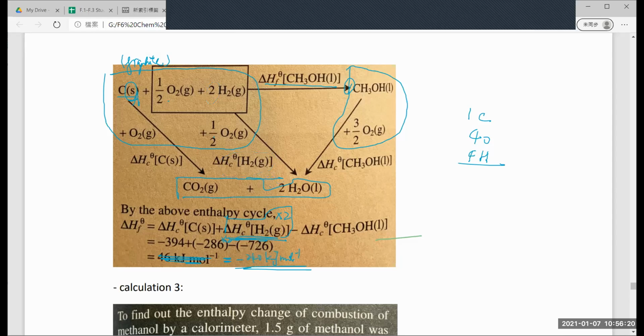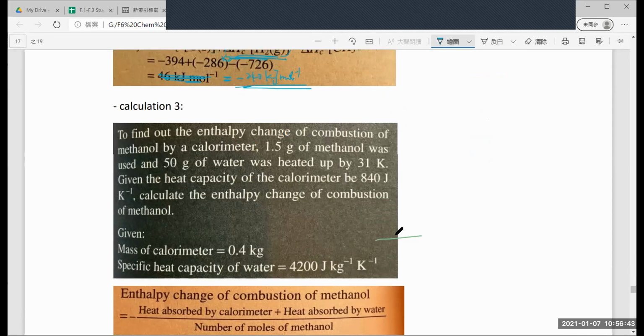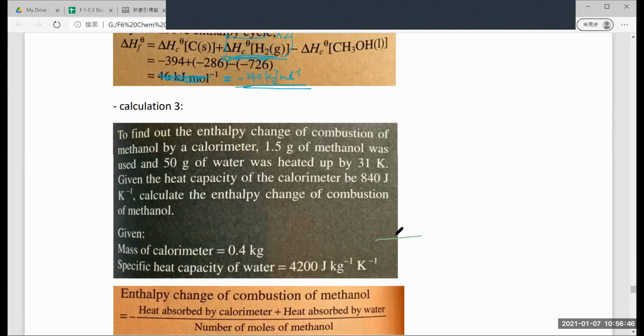Next, the third question is again a calculation. They use a calorimeter to do a calculation of combustion of methanol. 1.5 gram of methanol was used, 50 gram of water was heated up by 31 Kelvin.